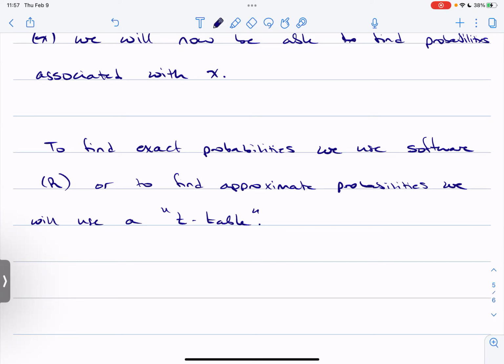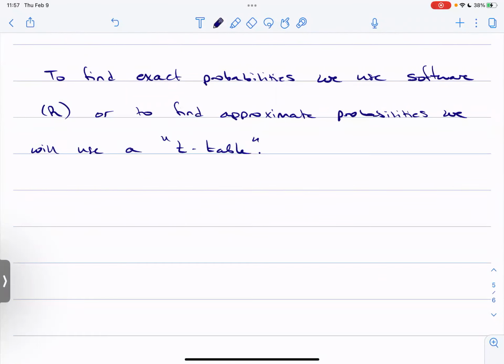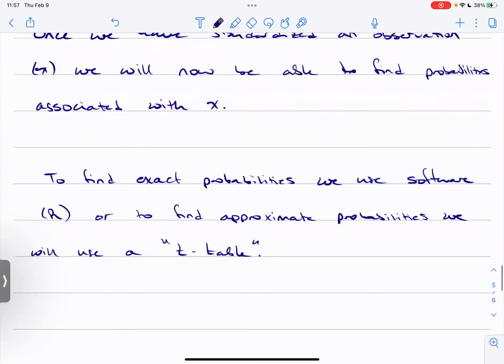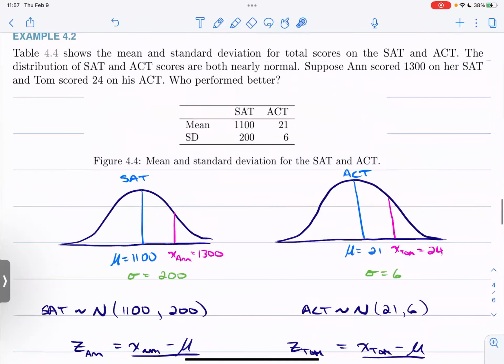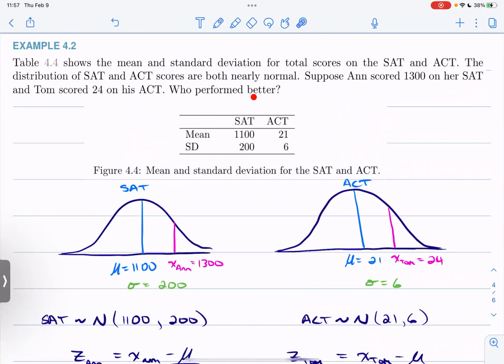So what we're going to have is a question like the one we just solved. Okay. So here we answered who performed better. We were able to answer that with just the Z scores. Now, what if I asked a follow-up question like what proportion of SAT writers had a better score than Anne, right?